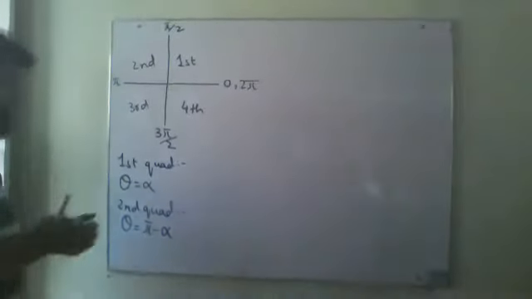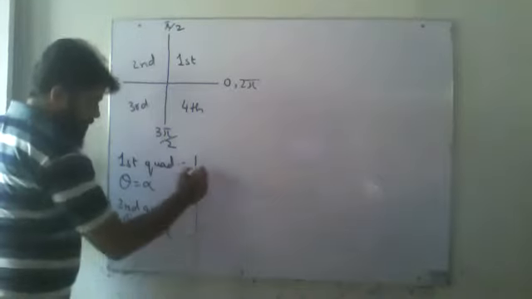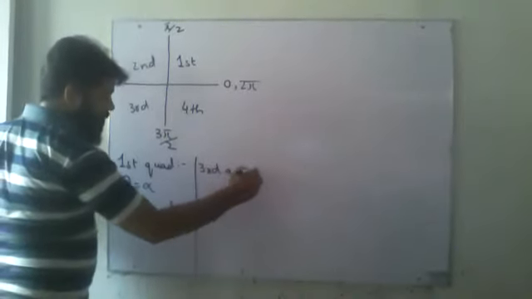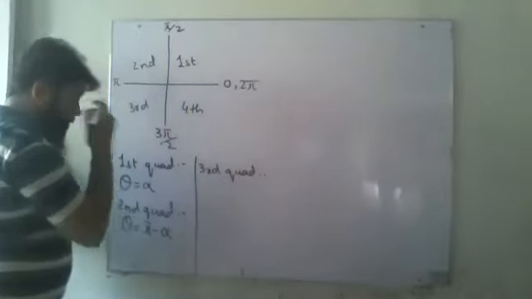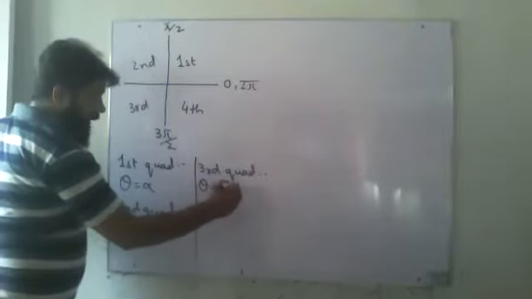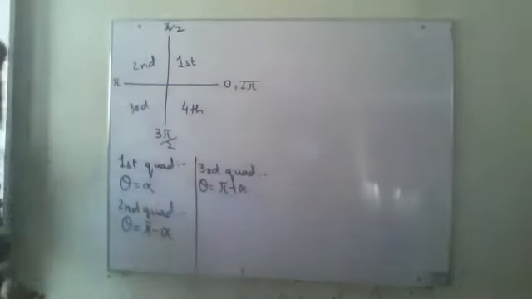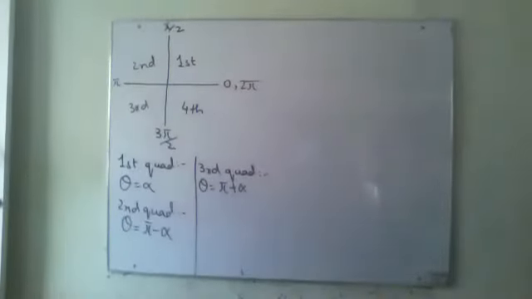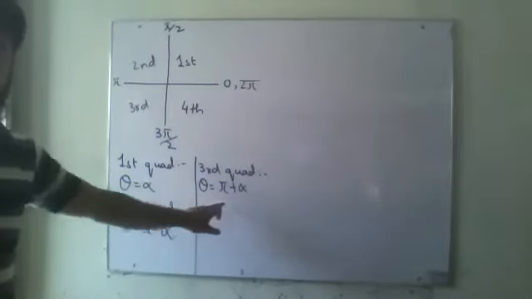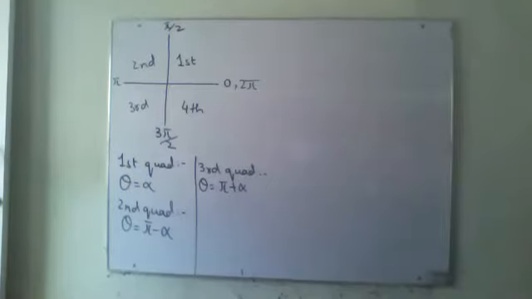In the same way, third quadrant: theta equals pi plus alpha, because initially it was 180 plus alpha. Now 180 is replaced by pi, so I will be writing theta equals pi plus alpha.